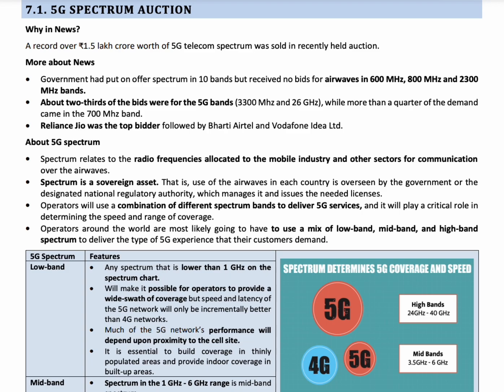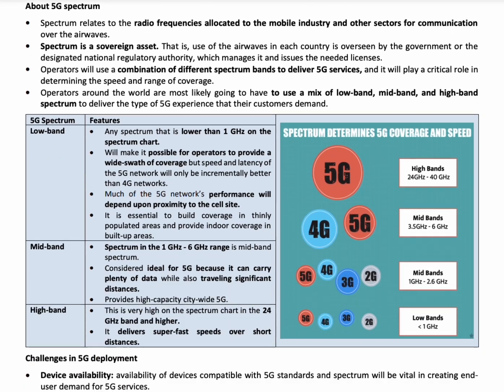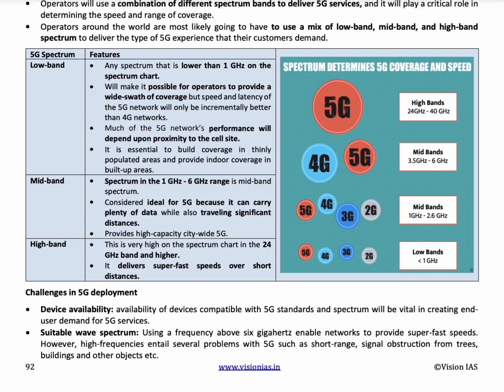The next topic is the 5G spectrum auction. Spectrum means the band of frequencies related to radio waves. A 5G spectrum of 10 bands was allocated to the mobile industries and other sectors for communication purposes. The 5G spectrum has 3 different types of bands. The first one is the low band. It has less than 1 gigahertz spectrum and it is essential to build coverage of thinly populated areas.